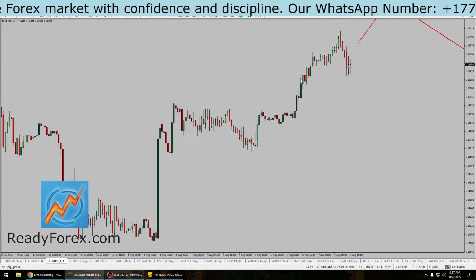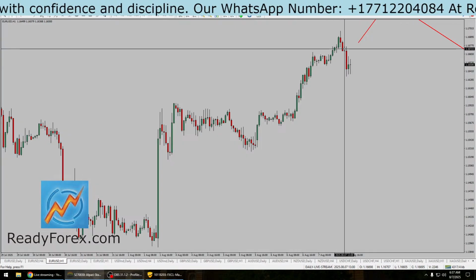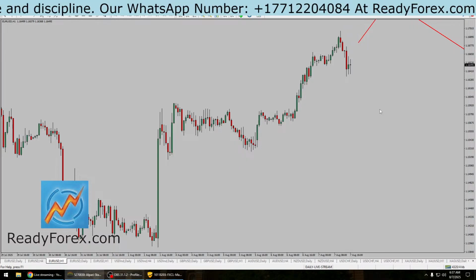Regarding the 1-hour time frame, the way I see, we got this move over here, and it's quite possible that euro is going to drop more.